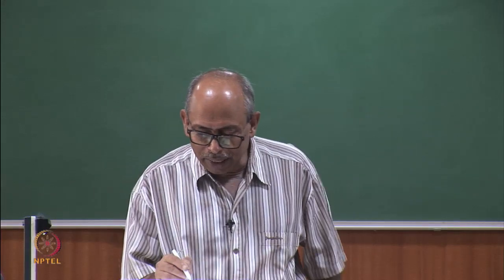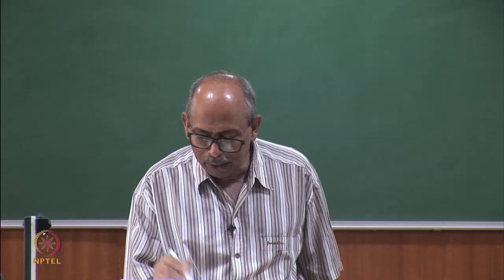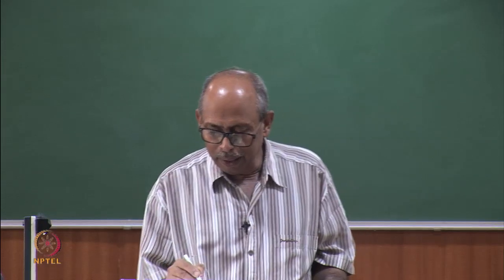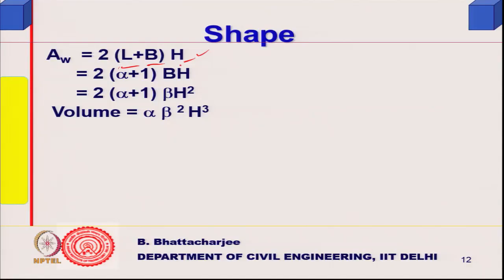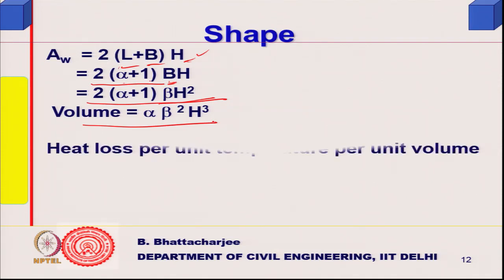So, AW, area of the wall, is 2 (L plus B) into H, length plus breadth, twice of that into height, considering this. So, 2 alpha plus 1, and both will have beta, B H can be taken out, and this is B H square. So, wall area is (2 alpha plus 1) beta H square, volume is alpha beta square H cube, right, volume is alpha beta square H cube.